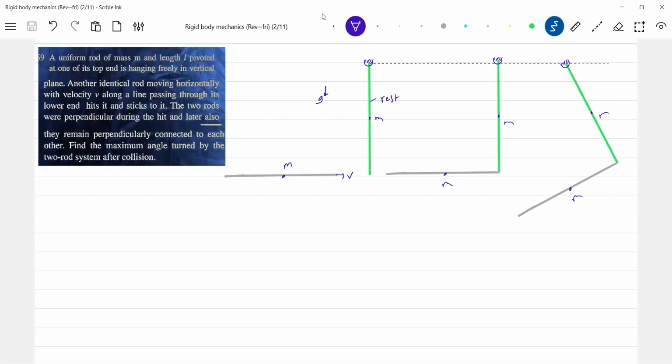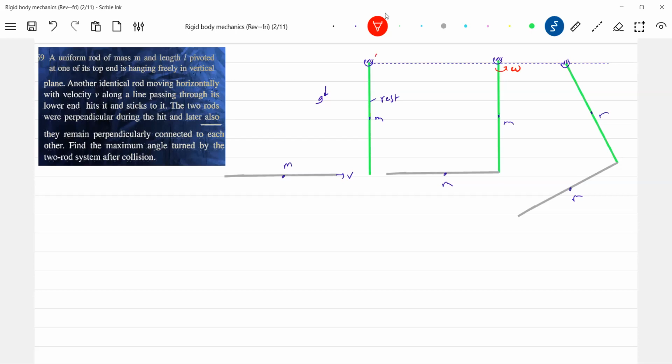First, shall we get the angular velocity of the rod just after impact? Just after impact, it will have angular velocity. We'll try to get that angular velocity.